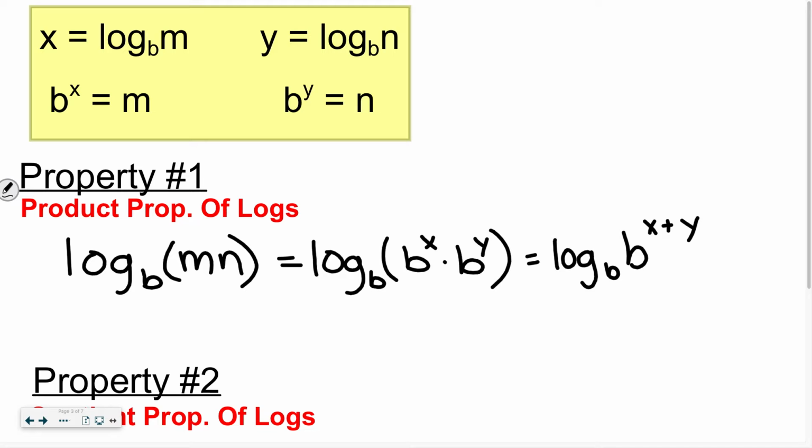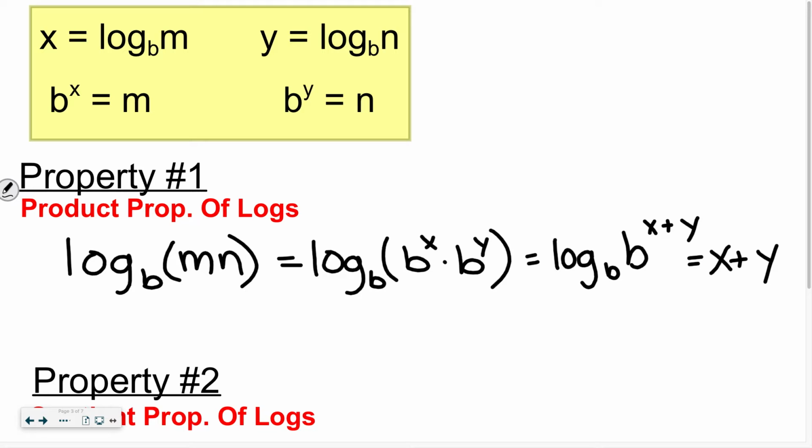If you have a log base b of some exponential expression with base b, what happens to those bases? It cancels out because exponentials and logs are inverses of each other. So this is really just equal to x plus y, which is the sum of the exponents.